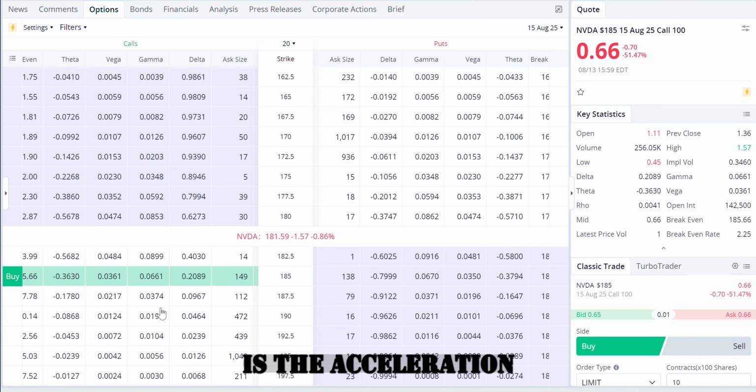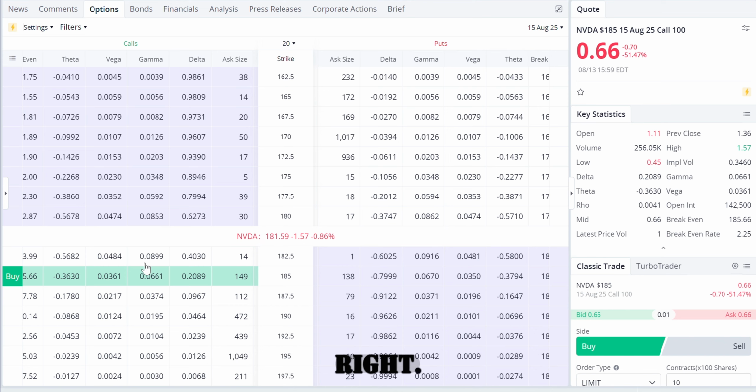So gamma is the acceleration of the delta. It measures how much the delta will change for each dollar move in the stock. If your option has a delta of 0.50, and let's say this contract's delta is 0.40, which is good, your contract is moving closely per dollar movement of that stock.